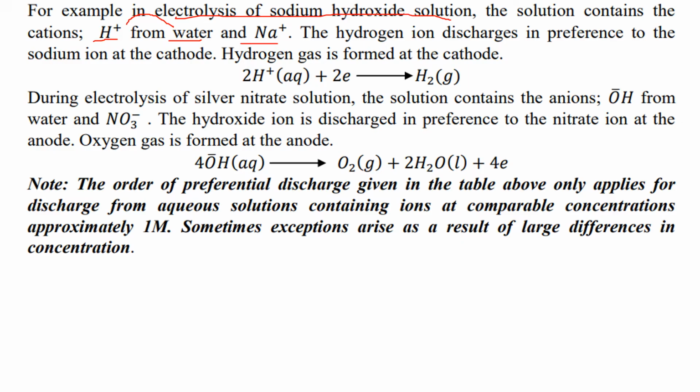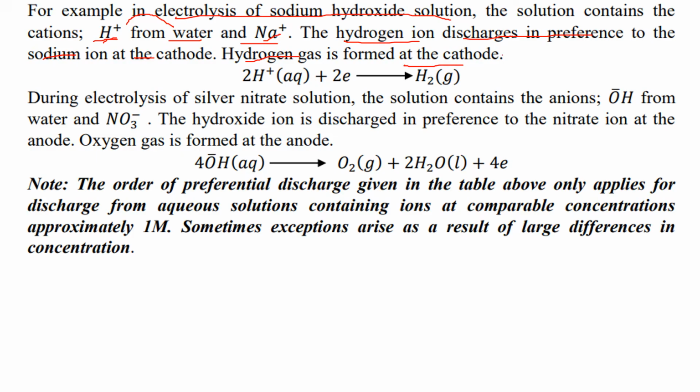And for us to discharge these cations, we depend on the position of the respective cations in the electrochemical series. If you consider hydrogen ions together with sodium ions, you find that the hydrogen ion is going to be discharged in preference to the sodium ion at the cathode. The reason is that the hydrogen ion is lower than sodium in the electrochemical series, and therefore the observation you're going to see is hydrogen gas formed at the cathode.